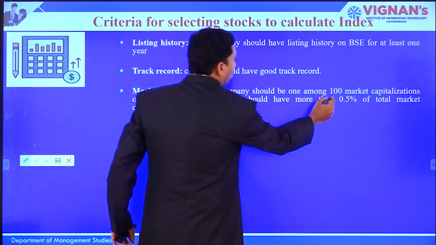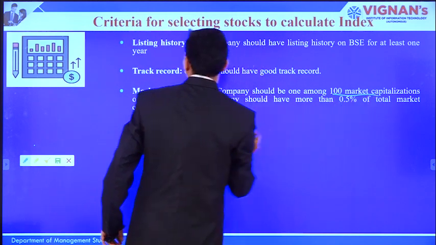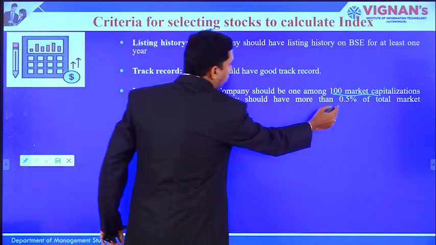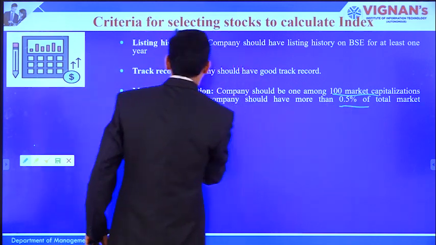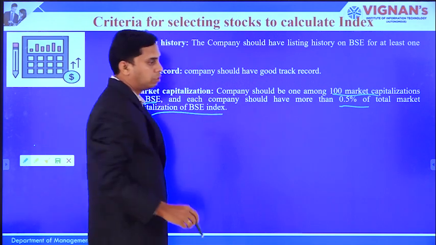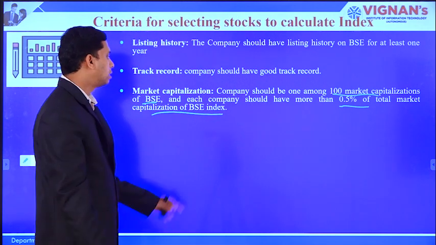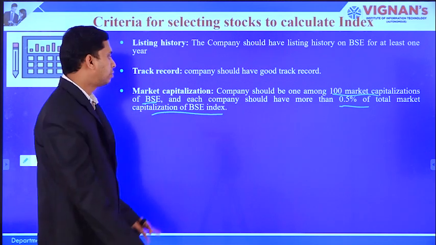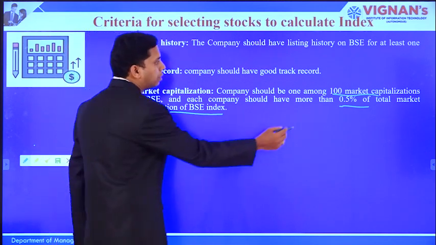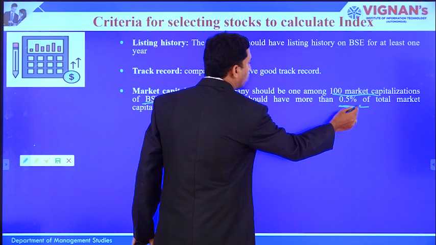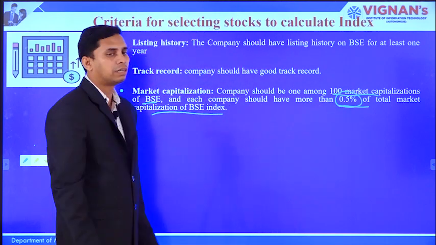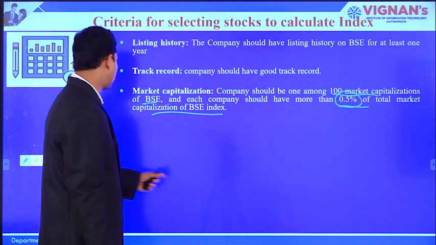The company should have, among the 100 market capitalizations of BSE, each company should have more than 0.5% of the total market capitalization of the BSE index. So, there will be a certain market capitalization for the BSE index. Out of the market capitalization of the BSE index, the particular stock should have at least 0.5% of the total market capitalization for being included in the list.